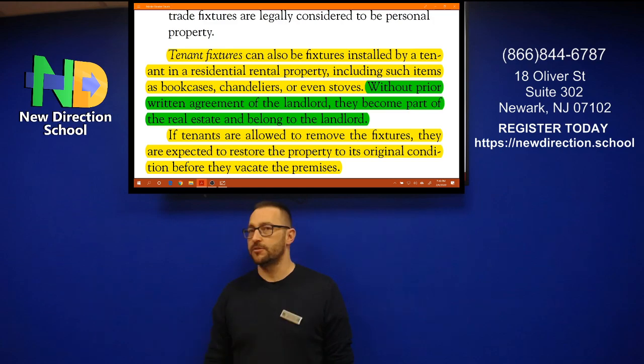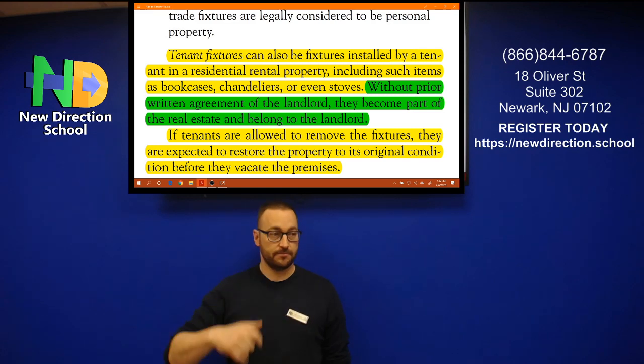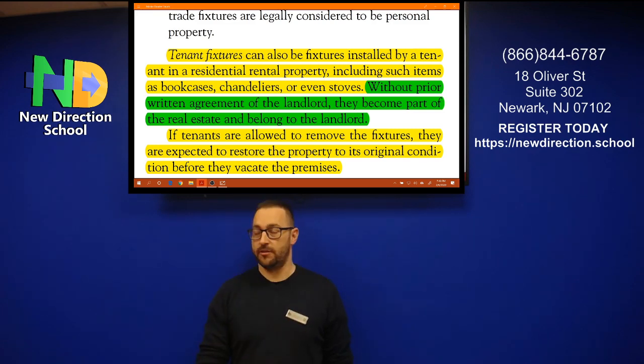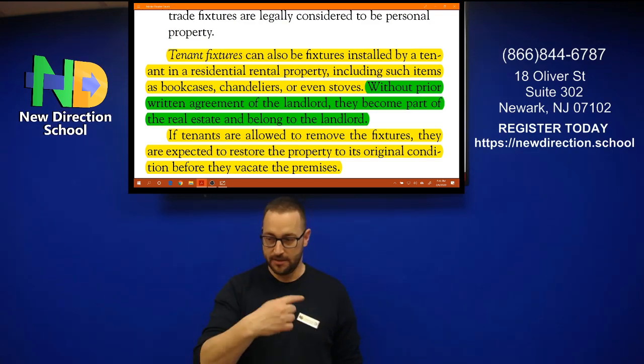Restore the property to its original condition as well before you vacate the premises. So you have to put the old stove back and make sure it's working. It has to be before the lease is expired, before you get out, yes. Or if the old stove is not working, I can sue you for my stove, which is now your property. We're gonna turn this around, okay?